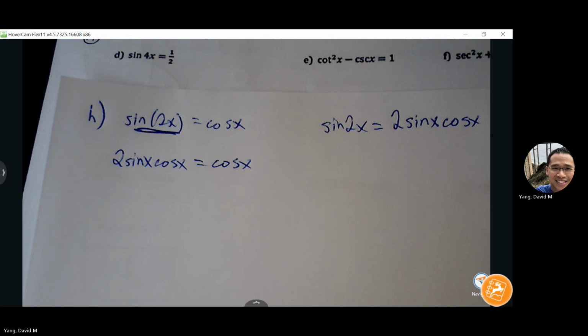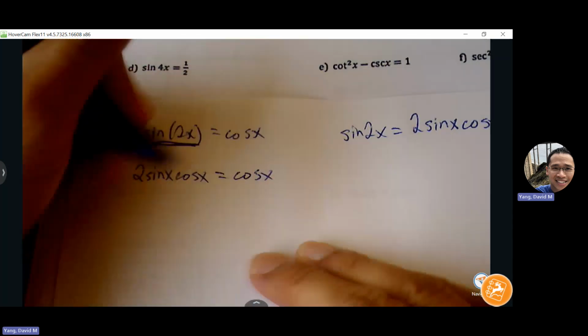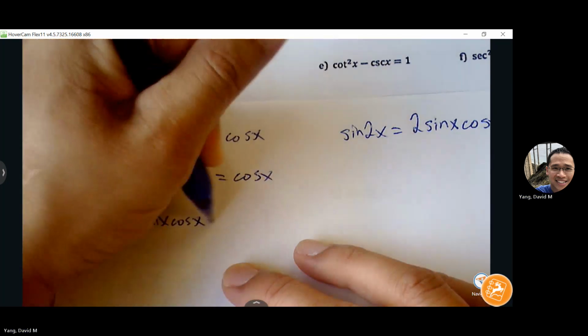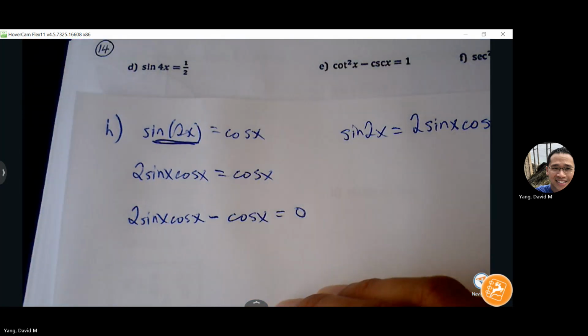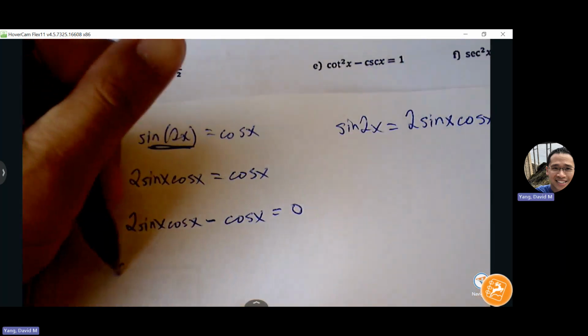Though I don't have everything being one trig function, we can go through some factoring steps here. Let's bring everything over to one side. Now we can factor, right? So between these two terms, I can take out the cosine x.